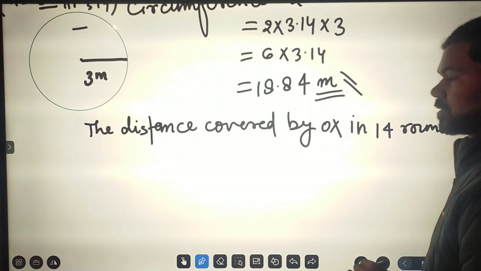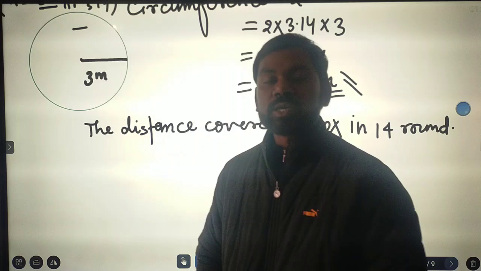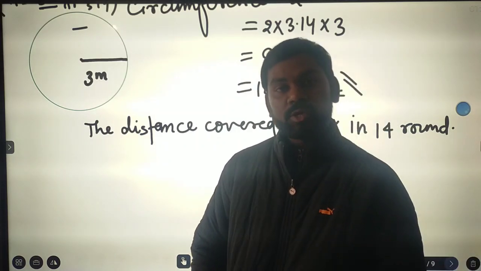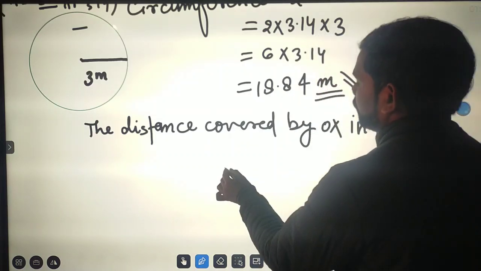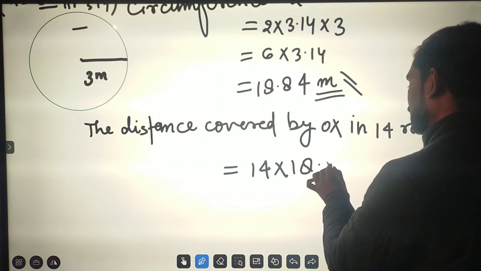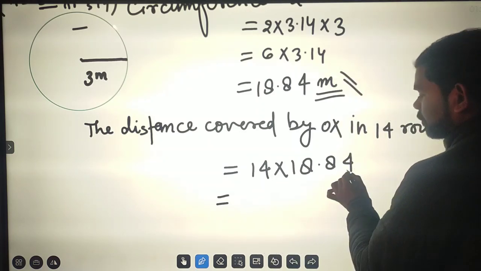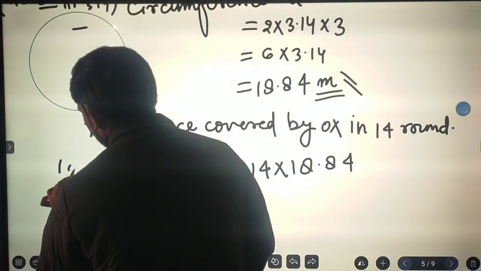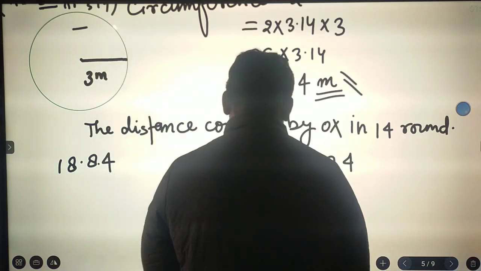In order to find this, we have to multiply the distance covered by the ox on the circular path in one round by 14. Therefore, we get 14 into 18.84. Now we multiply 18.84 by 14.